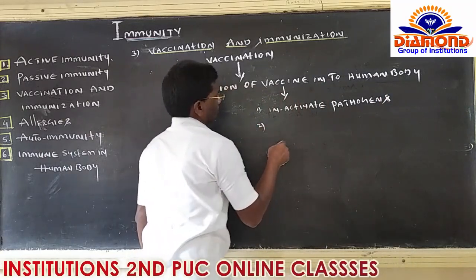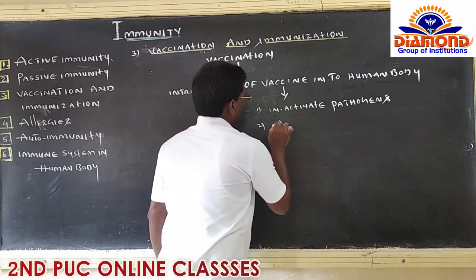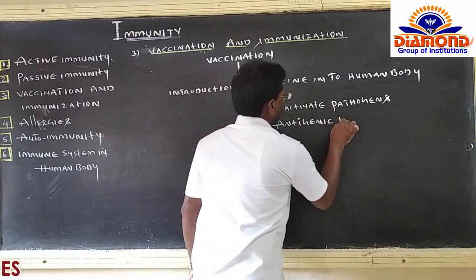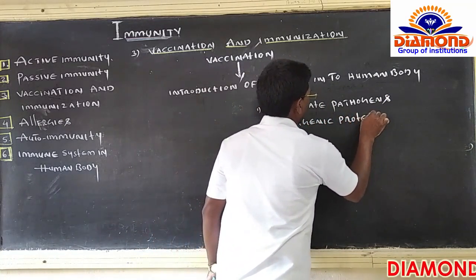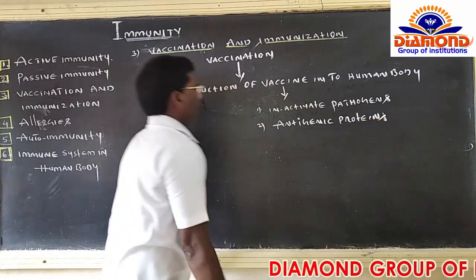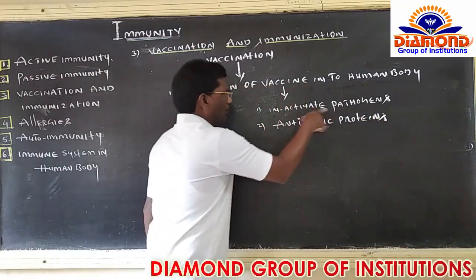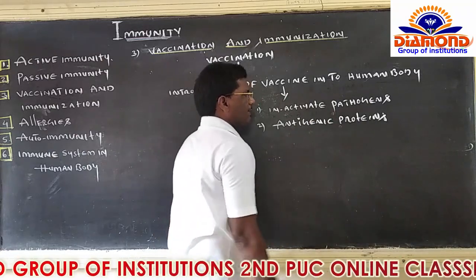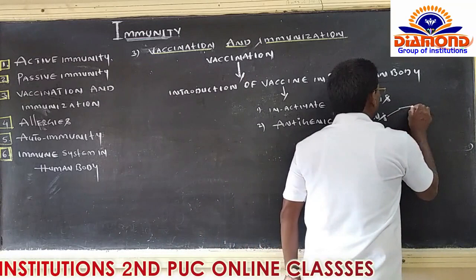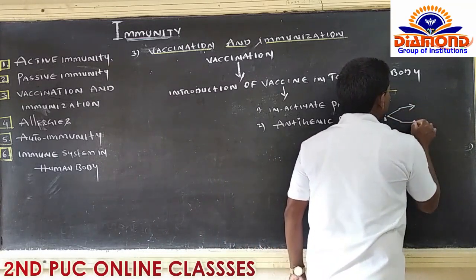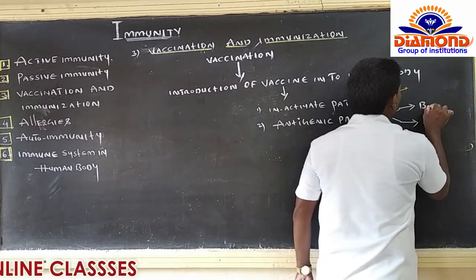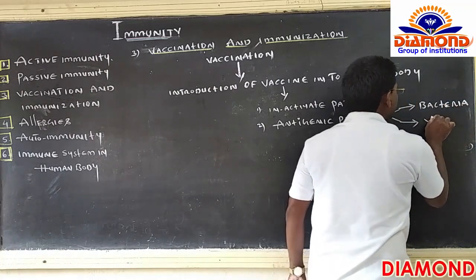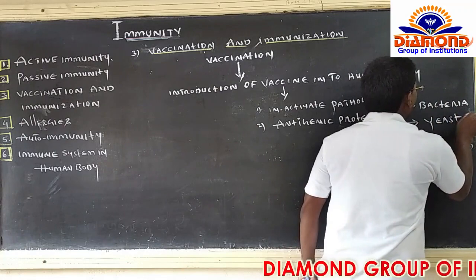Number two, antigenic proteins. When the body gets inactivated pathogens or antigenic proteins, which can be obtained from one bacteria or one yeast or virus also, right?